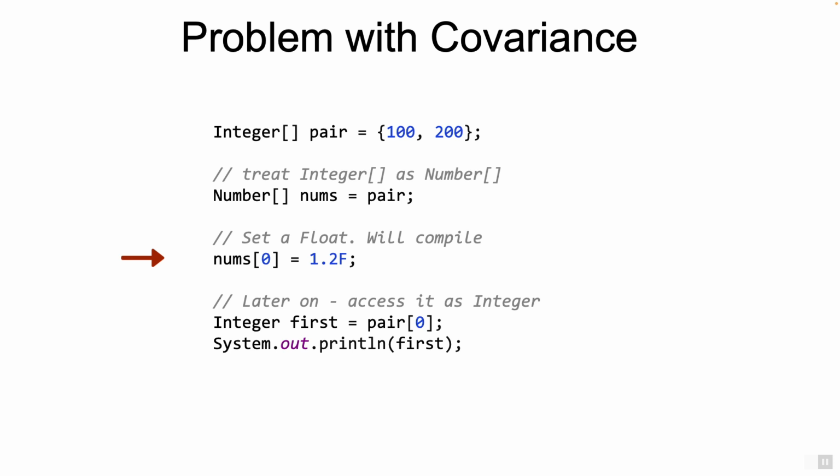This is because the JVM recognizes that the variable nums is actually pointing to an array of Integer, and so it will disallow assignment to Float, but this happens during the runtime. A formal way of saying this is that the arrays are reified. Their type is known at runtime, and the JVM tries to enforce the type safety at runtime.